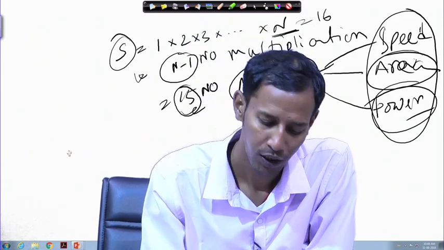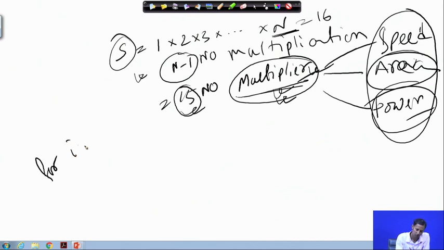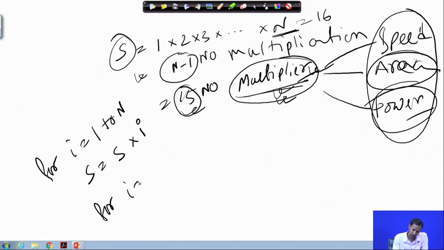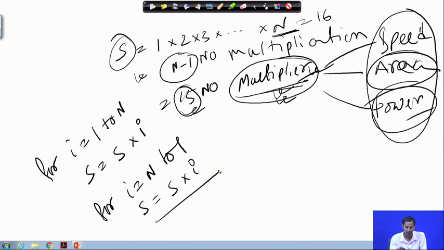The logic will be: for I equals 1 to n, S equals S star I. Initially you can start with this logic, or with the same logic, I equals n to 1, S equals S star I.